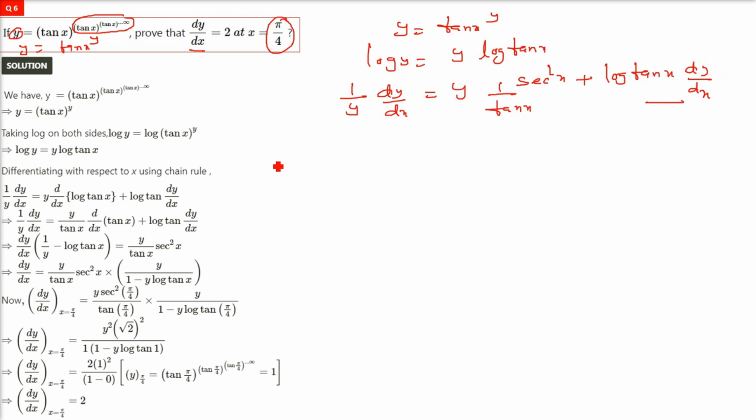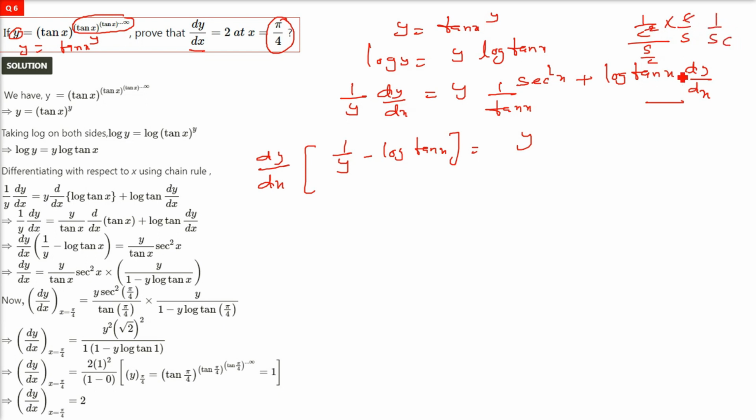Okay, bring it here, dy by dx on one side. dy by dx I am taking common: 1 by y minus log tan x. This log tan x will come on the left hand side, and dy by dx we have already taken outside. So y, you can keep it like that only, but sec square is 1 by cos square and tan is sin by cos.